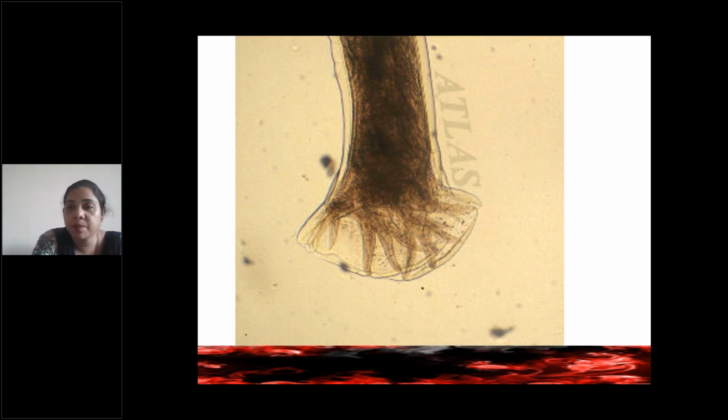One dorsal lobe and 2 lateral lobes. On the dorsal lobe, 3 rays are there. On each lateral lobe, 5 rays are there. So 5 plus 5 plus 3, altogether 13 chitinous rays you can see.